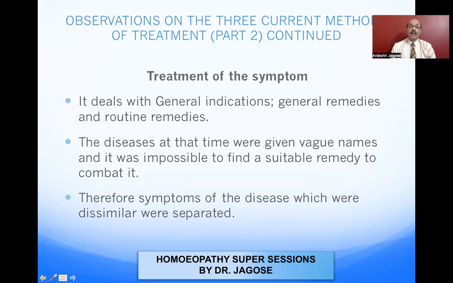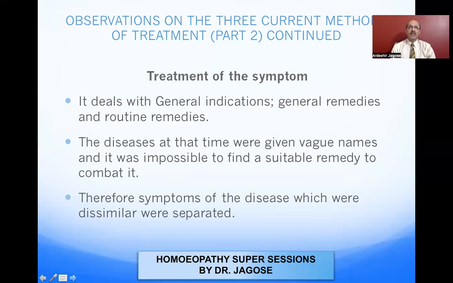The diseases at that time were given vague names, and it was impossible to find out a suitable remedy to combat it. As you all know, the old school of medicine always gave different names to different diseases, and they found a corresponding remedy according to the name of the disease.